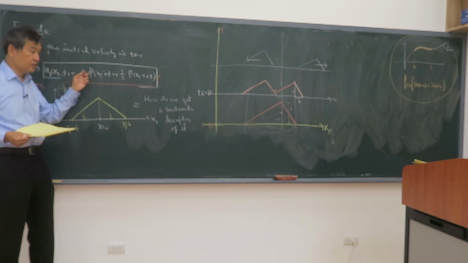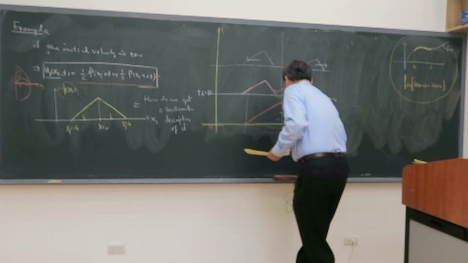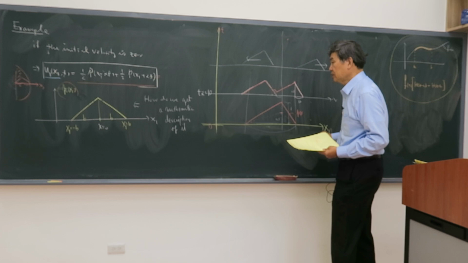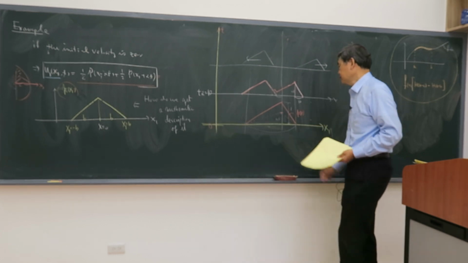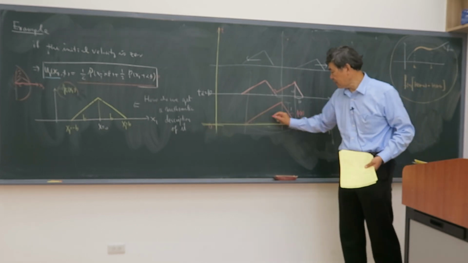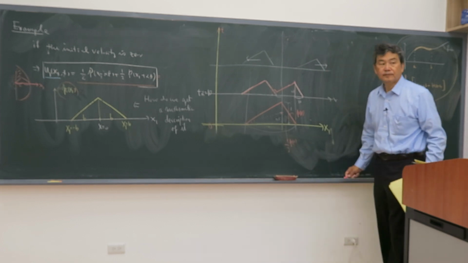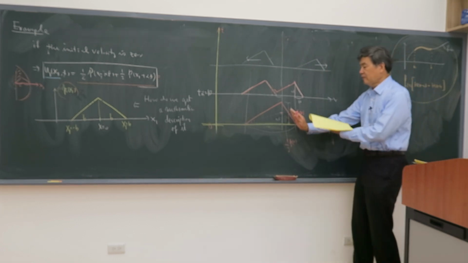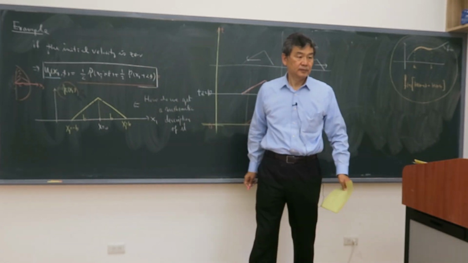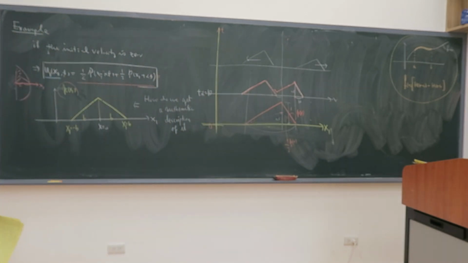So this is the initial P, and this is one half of it, and the other half goes the other way. This is the interpretation of propagation.